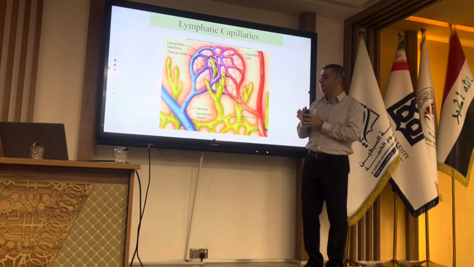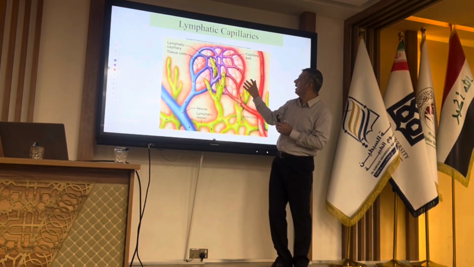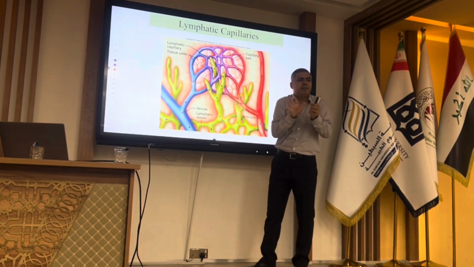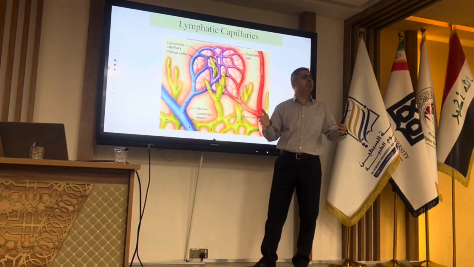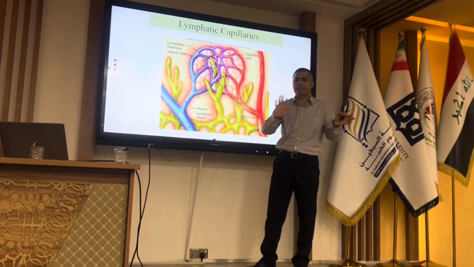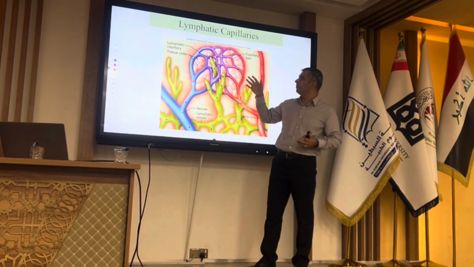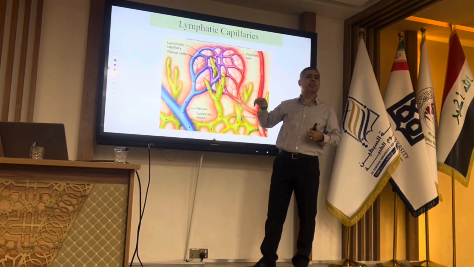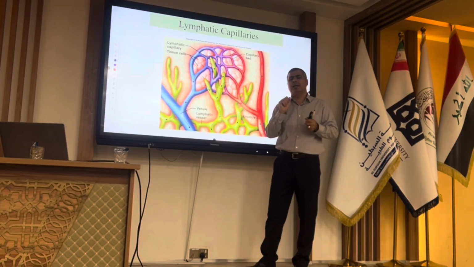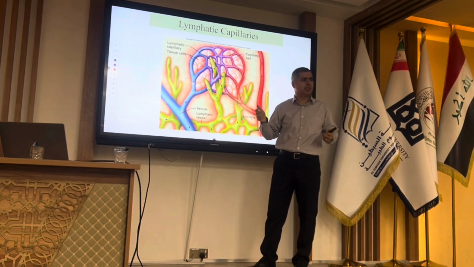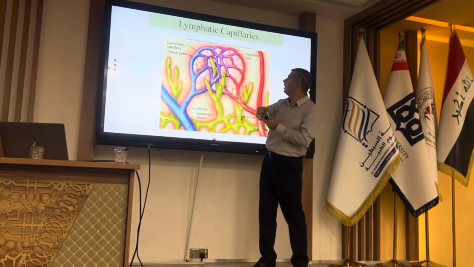You know that when blood comes to the tissues, cells are not allowed to leave the capillaries unless in an inflammatory situation. Most of the cells, red blood cells especially, are not allowed to leave the capillaries, but plasma and some leukocytes, for example monocytes, can leave the capillaries and go into the tissue.